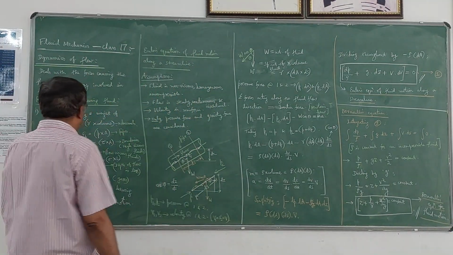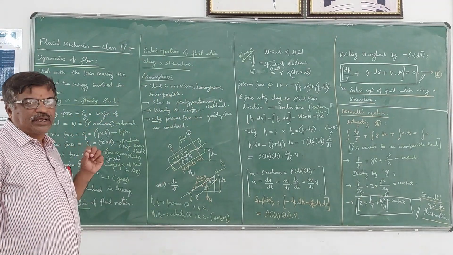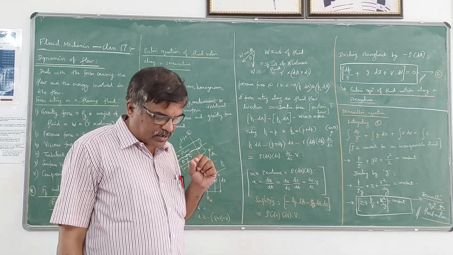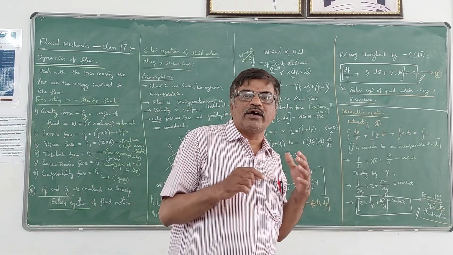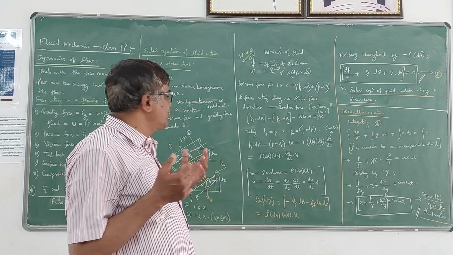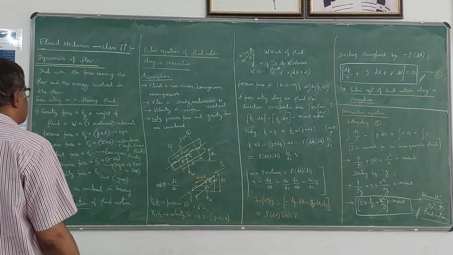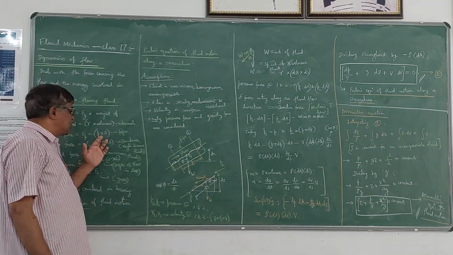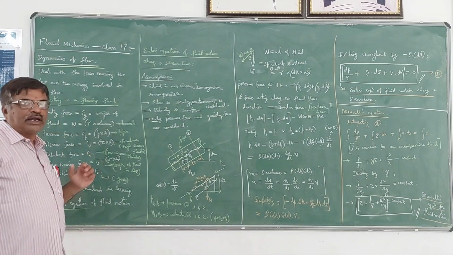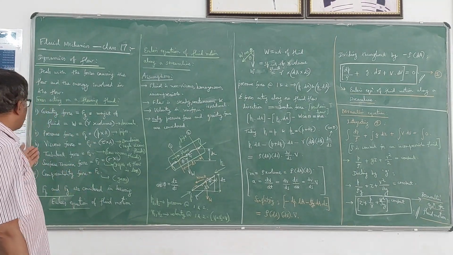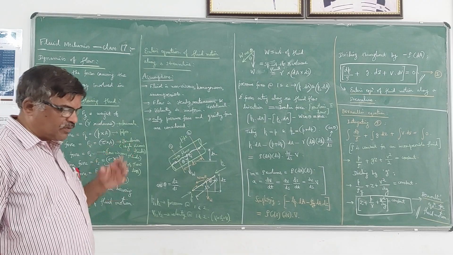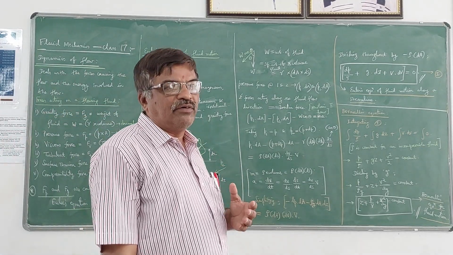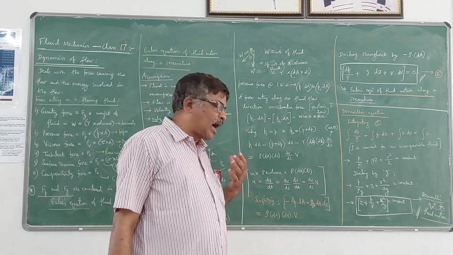Second one is the pressure force, which is more important in case of pipes, because in the case of pipes flow occurs only due to pressure difference between two sections. And it is given by P into A, where P is the intensity of pressure acting over an area A. Third one is the viscous force, which you can observe in the case of highly viscous fluids, where the shear stress developed will be very high.